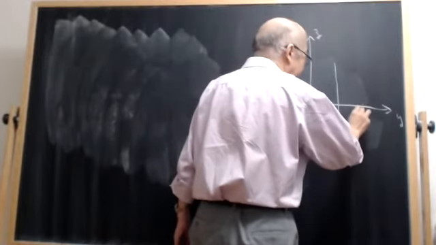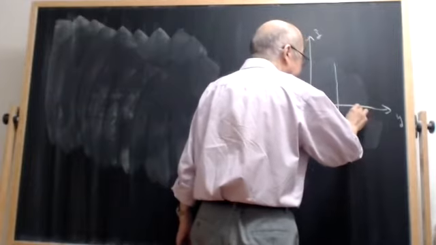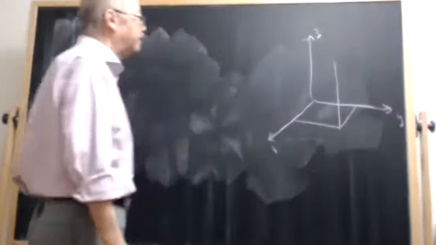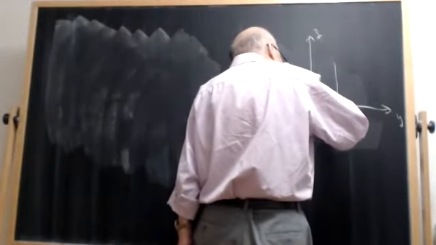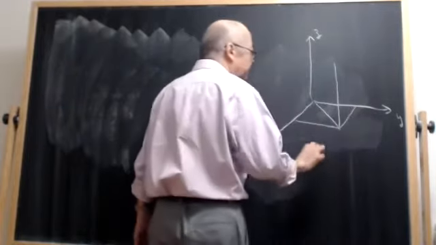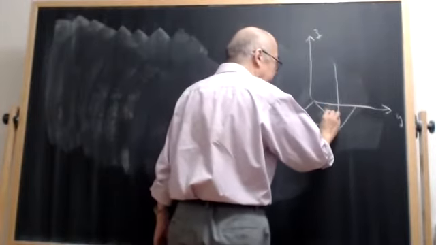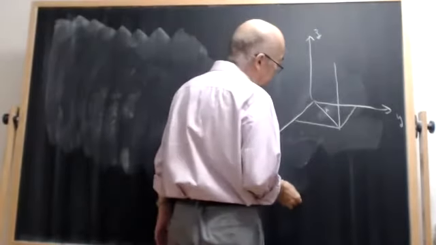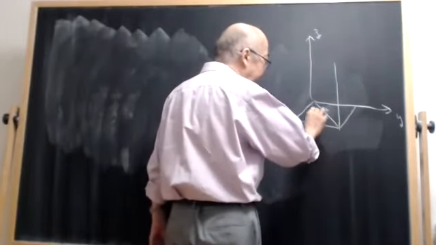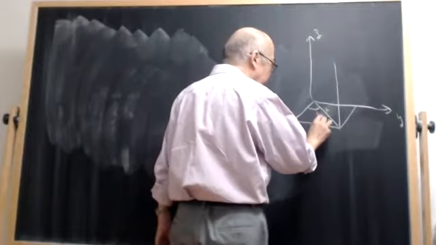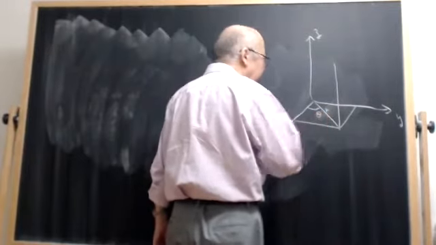You look at the XY coordinates, and you are going to look at the polar coordinates in the XY plane. This is r, and this is the ray, and this is theta.